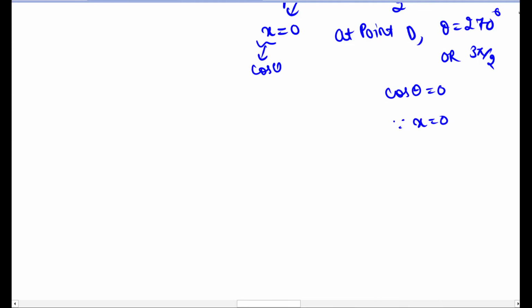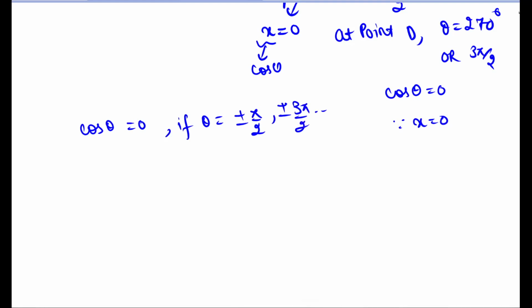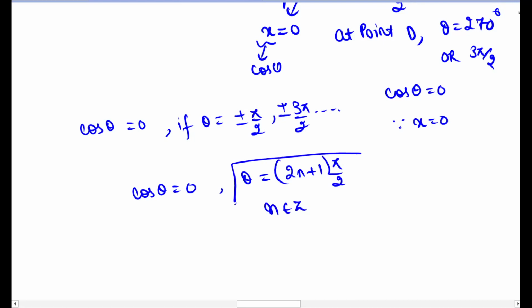So we can say cos theta is 0 if theta is equal to plus minus pi by 2, plus minus 3 pi by 2, and so on. So cos theta is 0 if theta is equal to (2n plus 1), an odd multiple of pi by 2, where n belongs to integers.